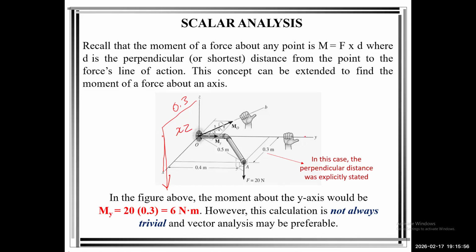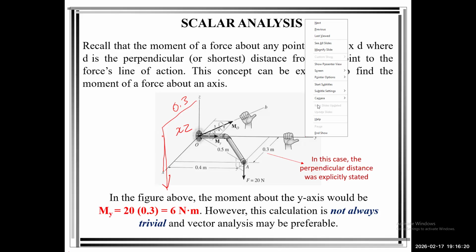Then your moment will take place about your Y axis. In this case, the perpendicular distance was explicitly stated. Now, in the figure above, the moment about the Y-axis would be 20 times 0.3, which is 6.